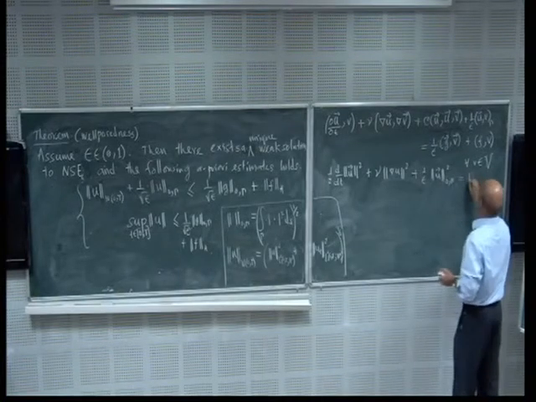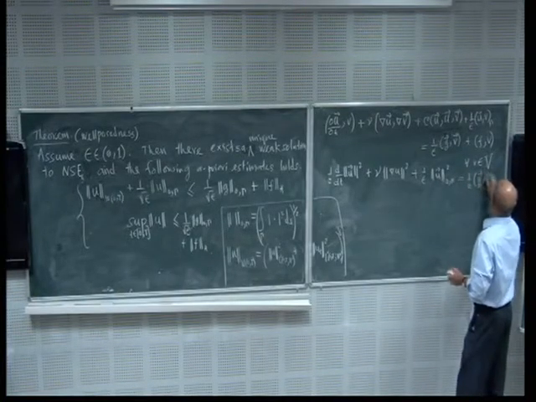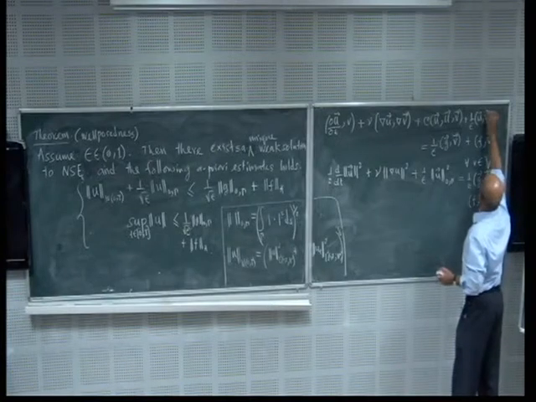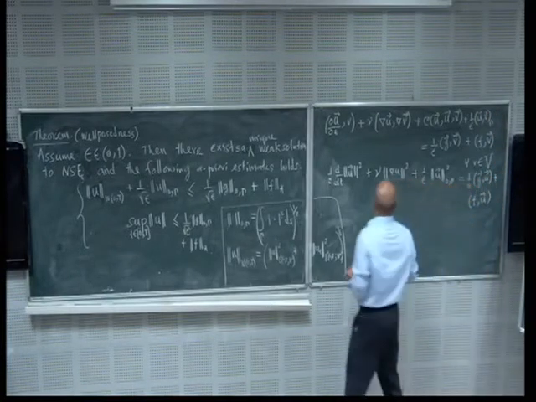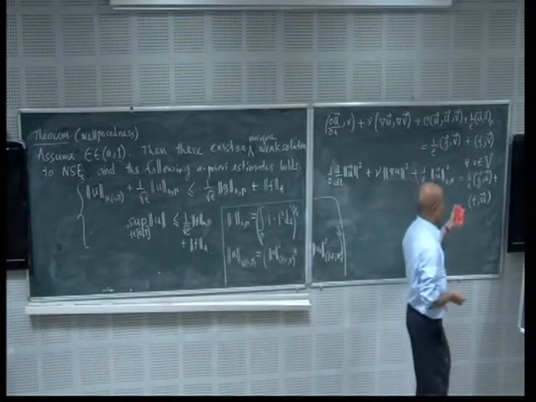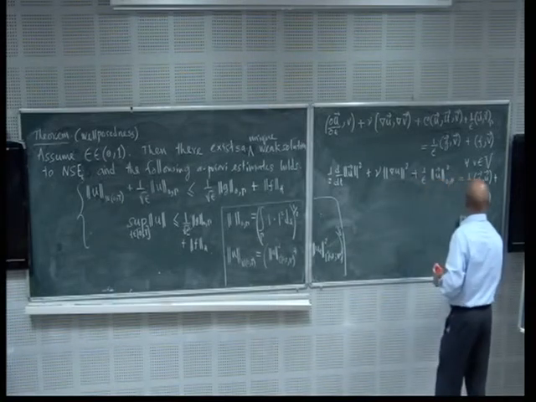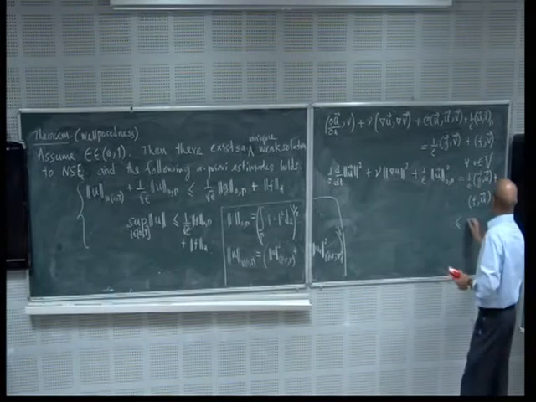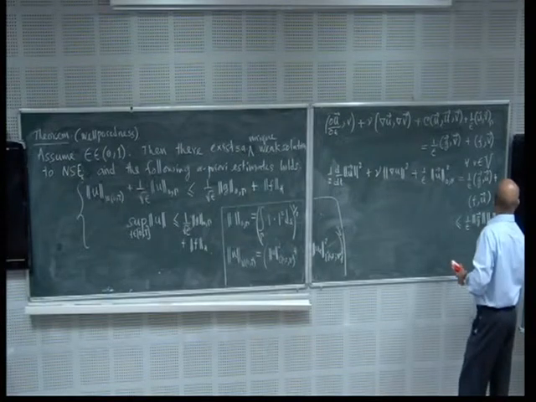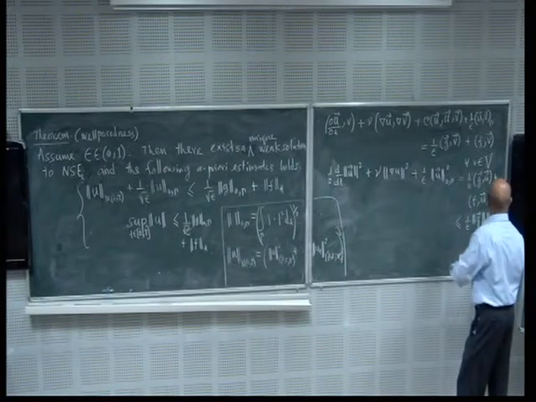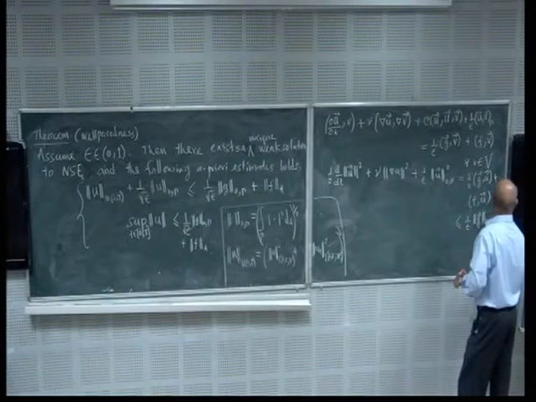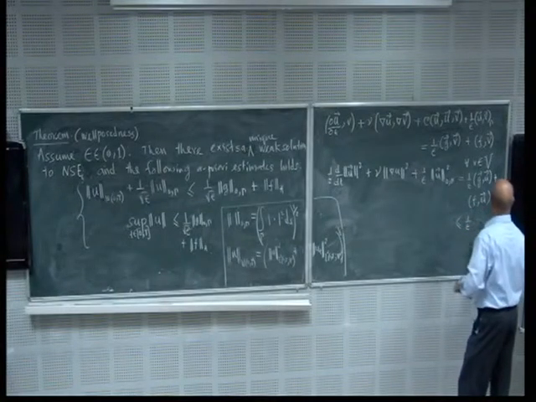Now I can estimate the right-hand sides using Cauchy-Schwarz. So I get 1 over epsilon, norm of g, norm of u. I could do the dual norm.